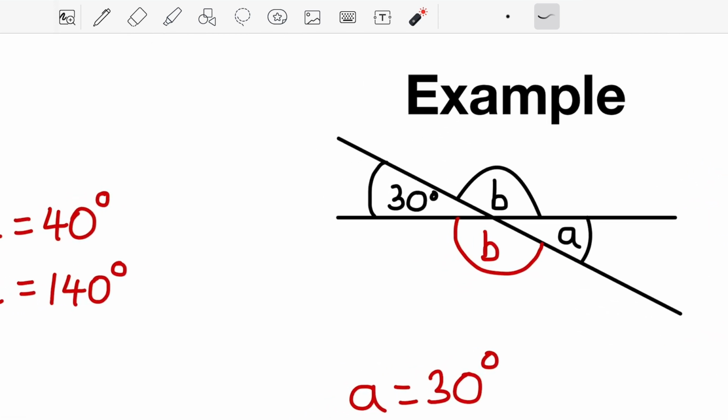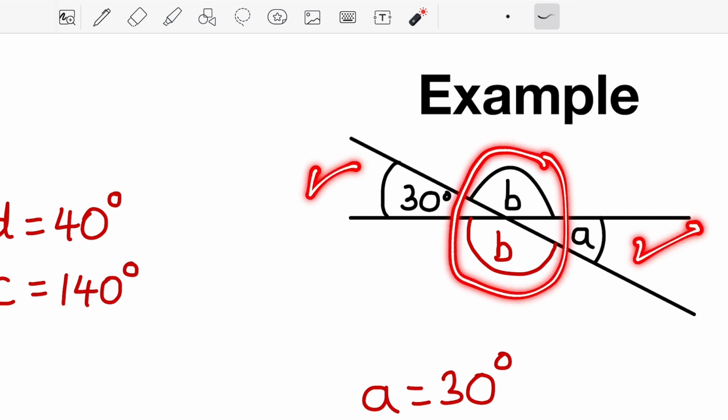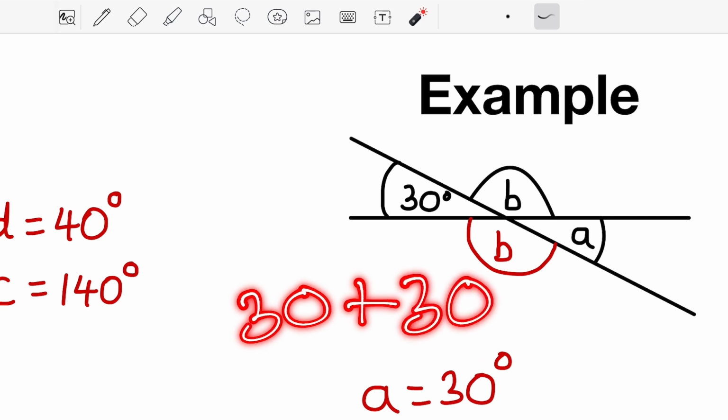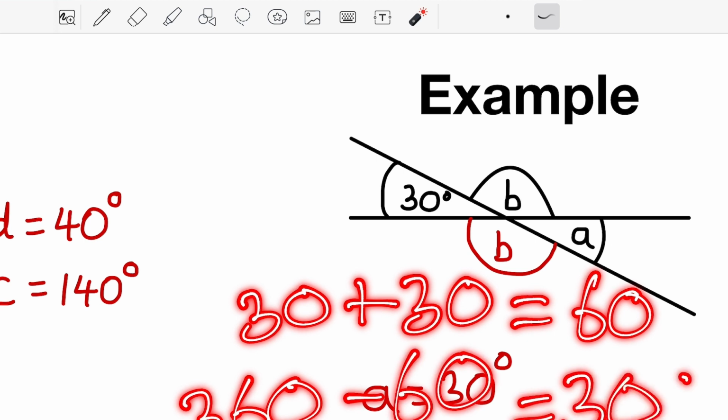And next, this one requires some calculation. So we have 30 degrees, so we know A is 30, but we don't know B. So we can take away 30 plus 30. We can take this 60 away from the total, which is 360, take away 60, and we'll get 300.